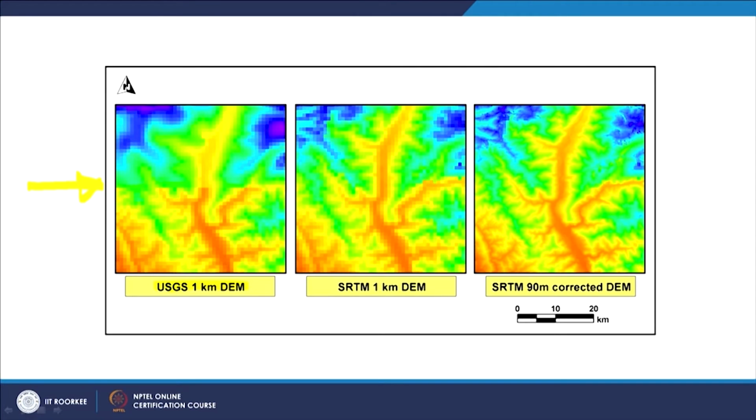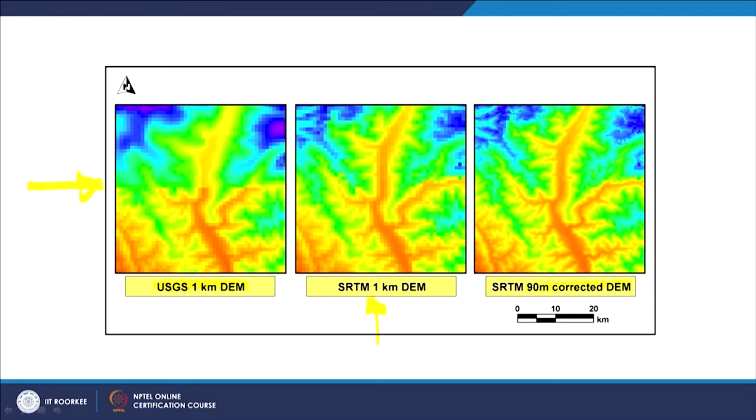That means this area belongs to parts of two topo sheets. The SRTM DM of 1 kilometer resolution, cells of this DM have been used to replace the voids of the 90 meter DM.